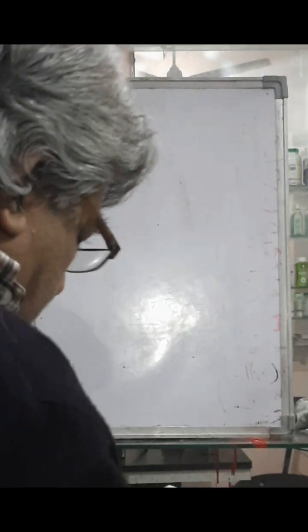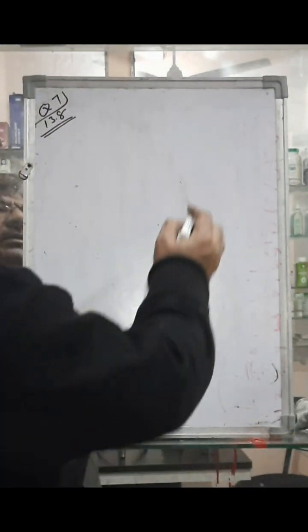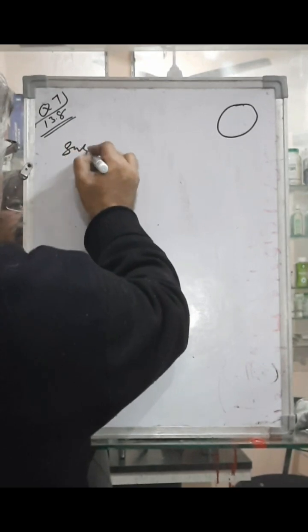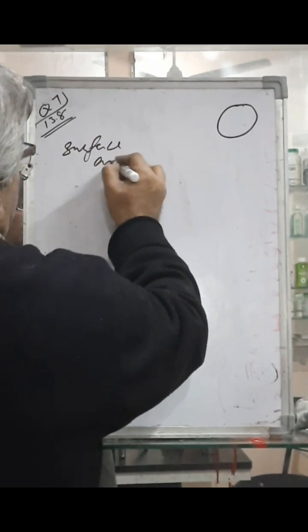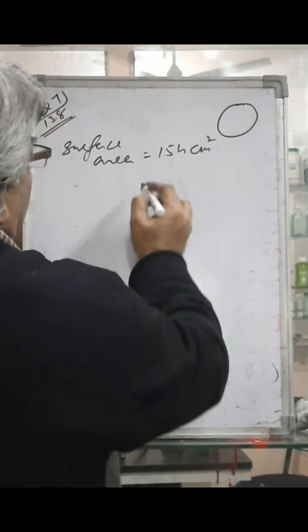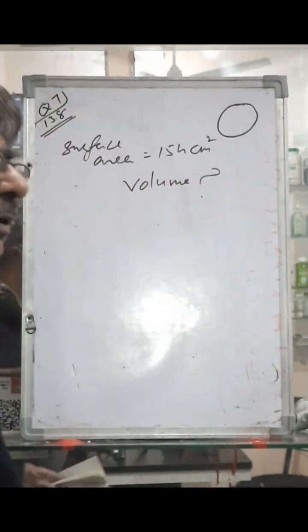The seventh question. The surface area of a sphere is given to us. Surface area equal to 154 centimeter square, and we have to find the volume of this sphere.